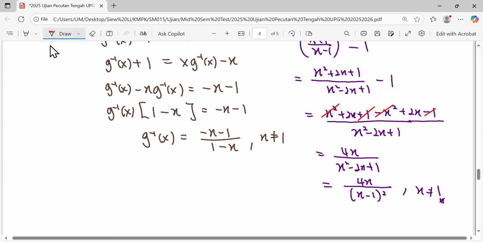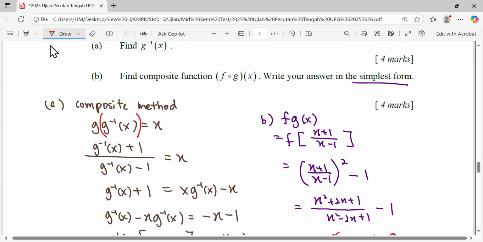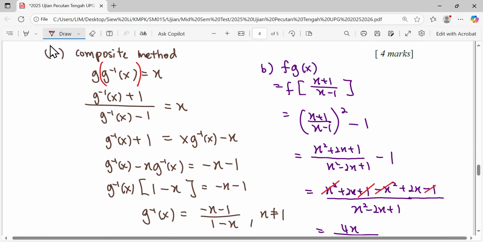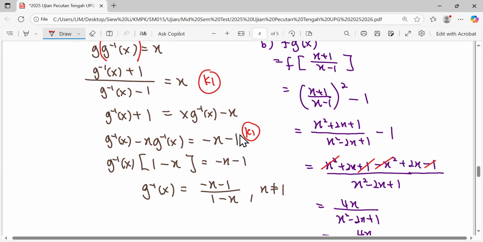In order to answer this question, we have 4 marks. So we have the concepts that you must know. The first one, finding g inverse using the composite method. If you are using the wrong method, you will get all wrong. Then we see how you get rid of the denominator, how you expand it and rearrange it.